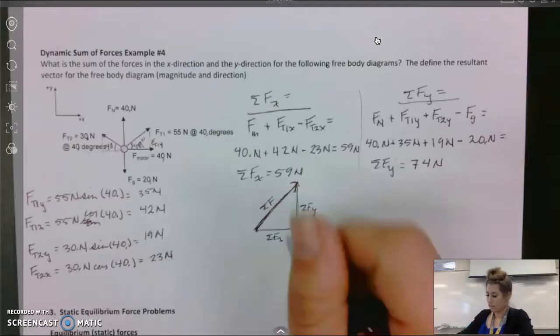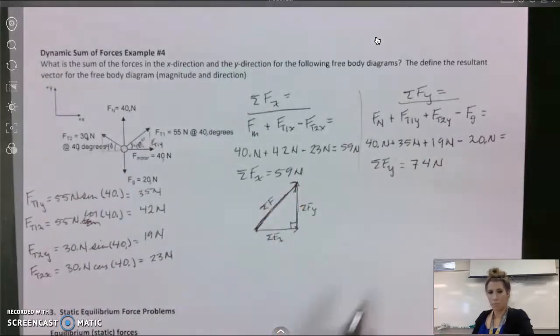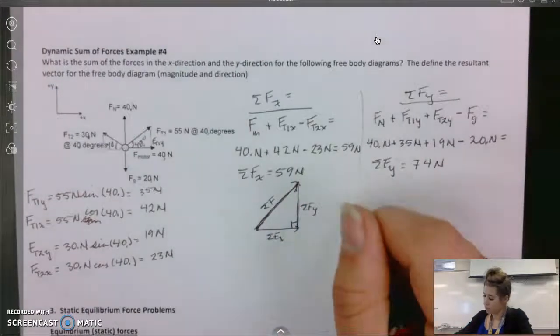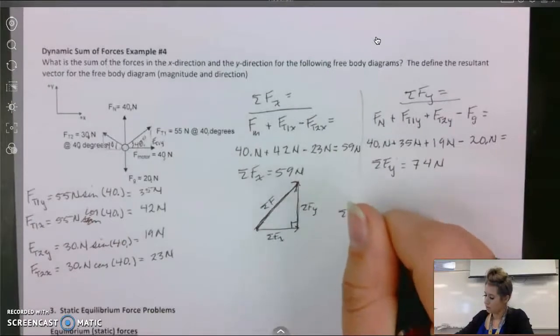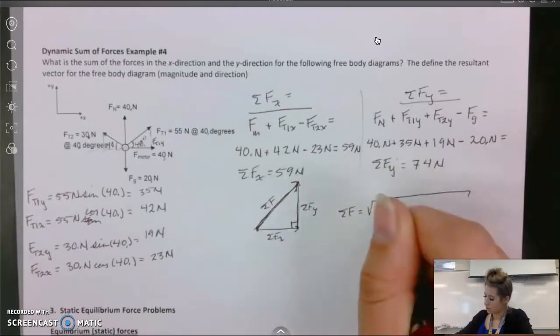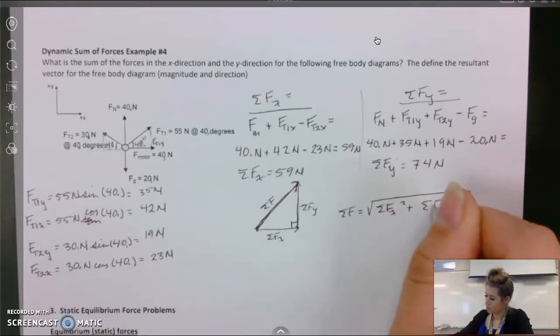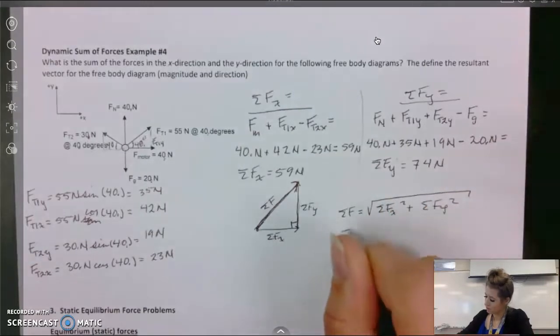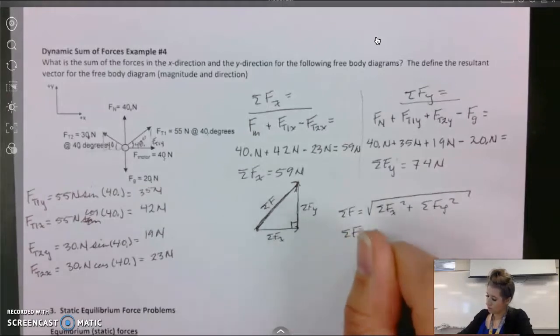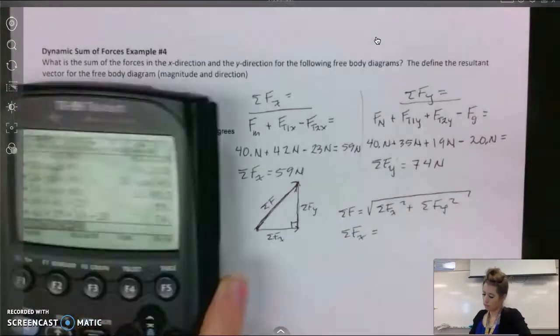Okay, right triangle. So like before, we're going to use Pythagorean theorem. So the sum of the forces is equal to the square root of the sum of the forces in the x squared plus the sum of the forces in the y squared. Okay, so I'm going to plug that in.